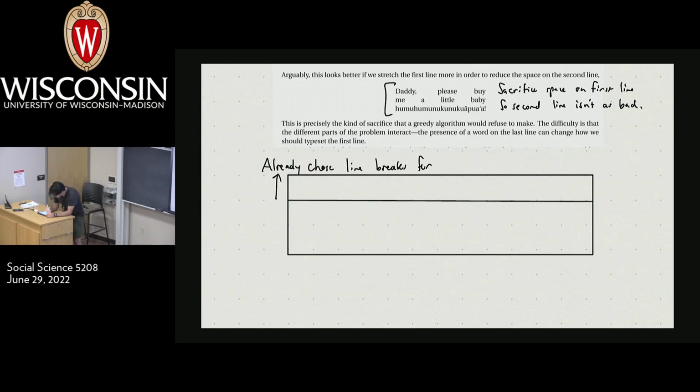And we're currently at line I. Or to be precise, we're at word I. So this isn't a line, this is word I, and we want to choose the line break or do something with word I. And here is word I minus 1.